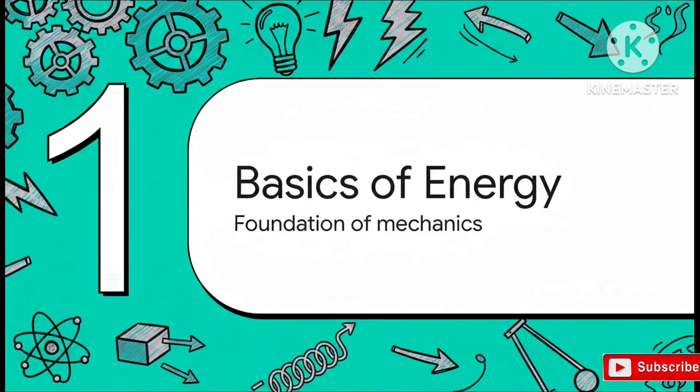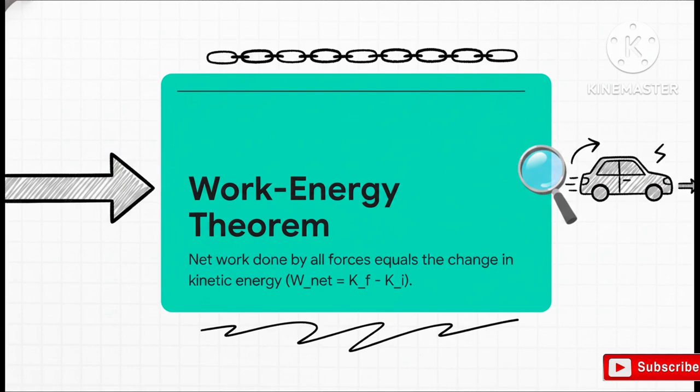Starting us off with part 1, the basics of energy, the foundation of mechanics. Let's get our groundwork laid out before things get mathematically complex. Basically, everything in mechanics eventually ties back to this single, beautiful concept, the work energy theorem. The theorem simply states that the net work done by all forces acting on an object is equal to the change in its kinetic energy.